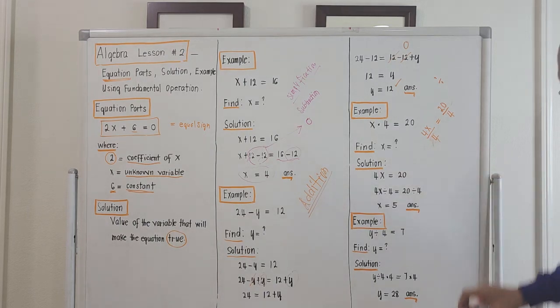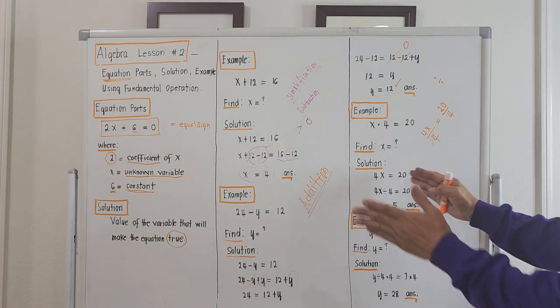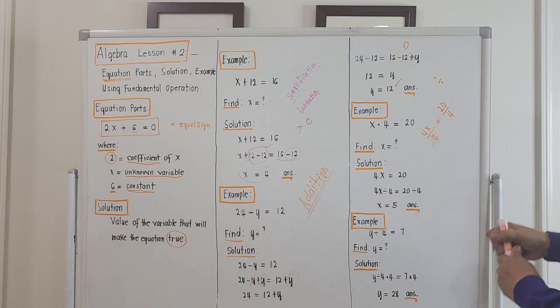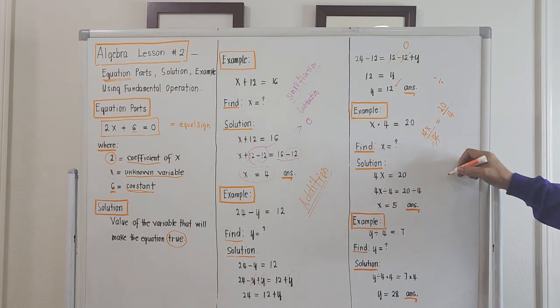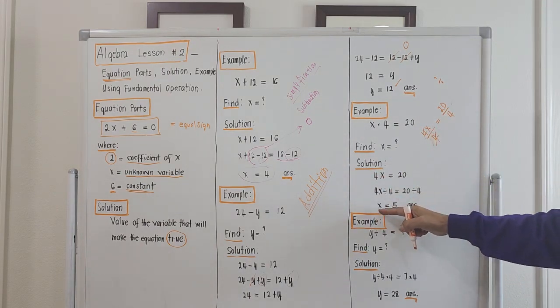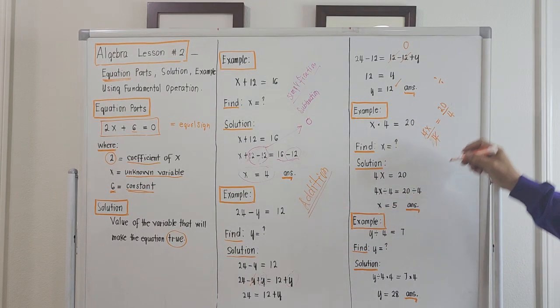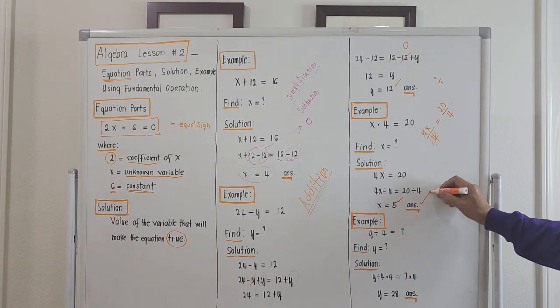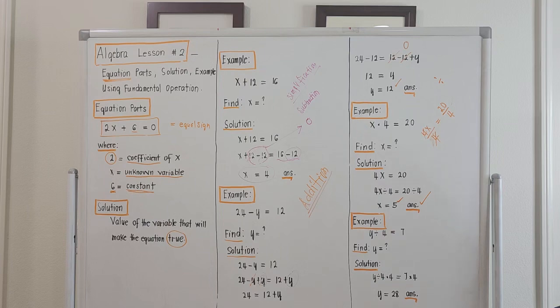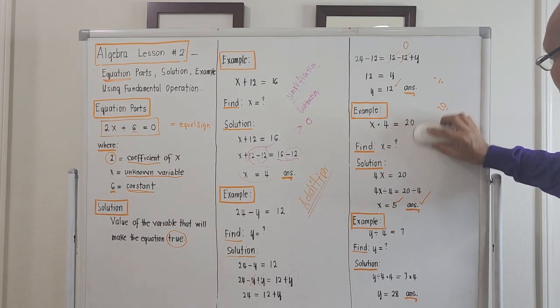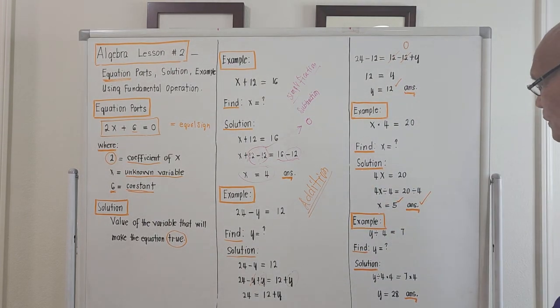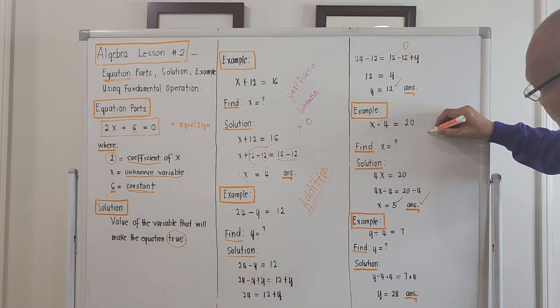Right? So if we divide both sides of the equation by 4, this cancels, right? So what remains on the left will be x. And 20 over 4 is 5. And that will be our answer. So what fundamental operation have we used over here? The fundamental operation is actually division.